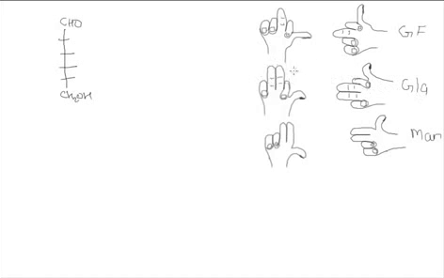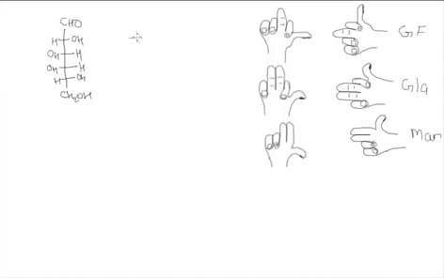For galactose, the first one comes this way, the last one comes this way, and both of the middle ones go the other way. So you have OH come this way, OH come this way, and the other two OHs are this way, and you have hydrogen everywhere. So this is your galactose, and this is a D-galactose, because this OH is coming to the right. If this was going to the left, it would be L-galactose.